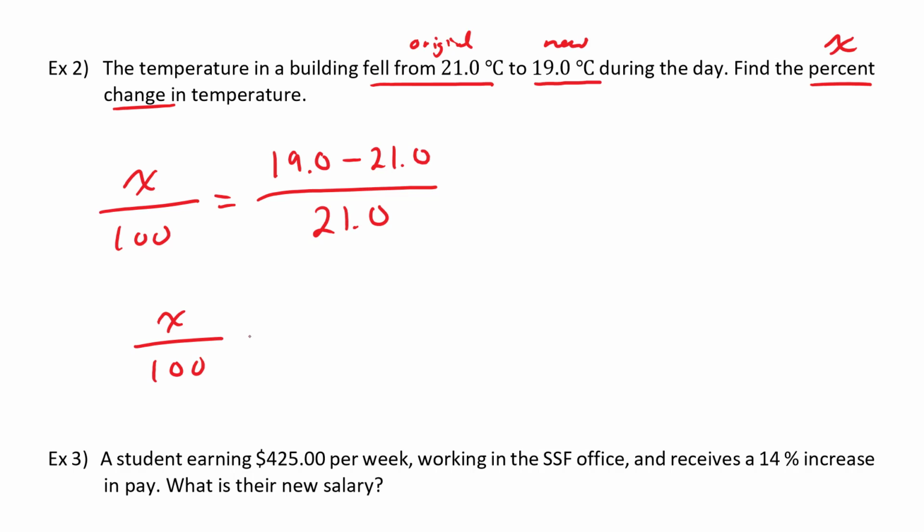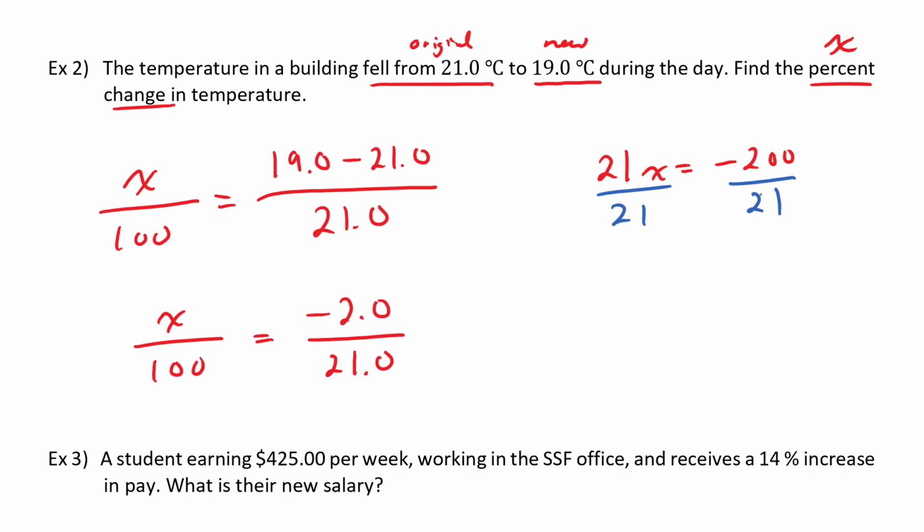X over 100 equals negative 2.0 over 21.0. Cross multiply. Divide both sides by 21 to isolate x on its own.